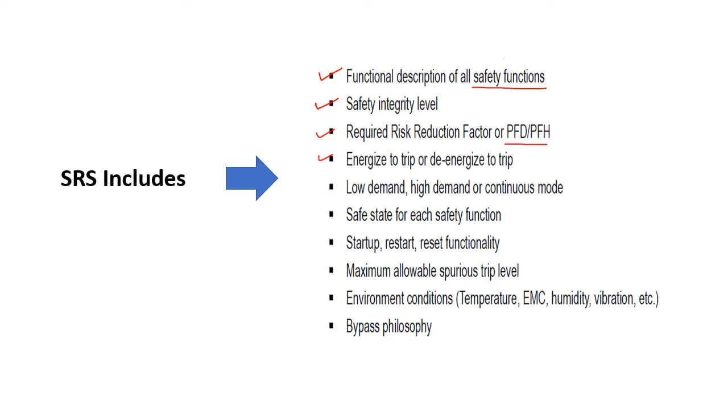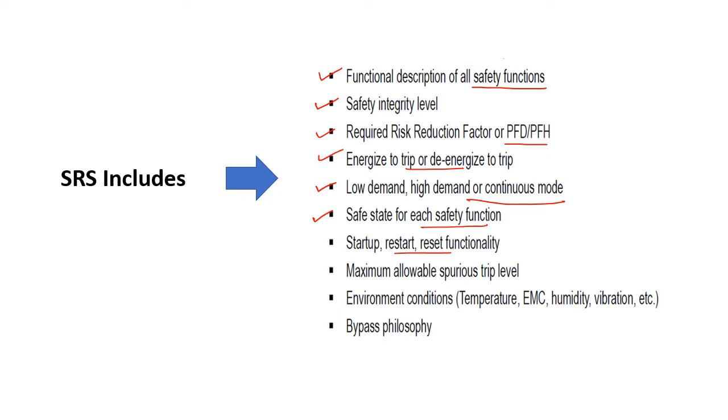Whether it should be energized to trip or de-energized to trip. Whether this is a low demand, high demand or continuous mode system. What is the safe state of each safety function that we need to discuss? What are the startup, restart and reset facilities, right?